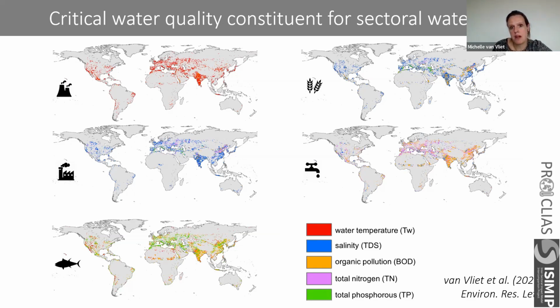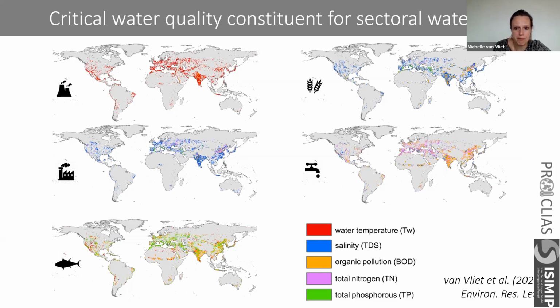We see a similar two-sided relation when we look at irrigation and salinity levels. Here, salinity seemed to be the most critical water quality constituent in most regions of the world, but we also learned that in terms of freshwater salinization, irrigation is an important driver.